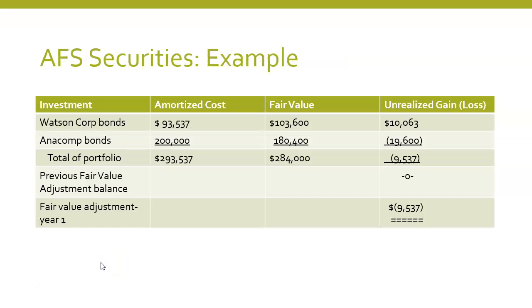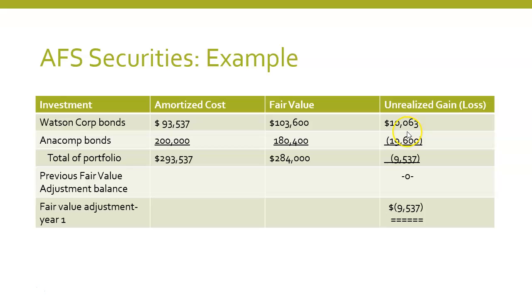So here we have an example, Watson Corporation bonds and Anacomp bonds. Here are their amortized costs, and the total that's on the balance sheet as the carrying value. Here's the fair market value on December 31st that we looked up, and here's the total of that.